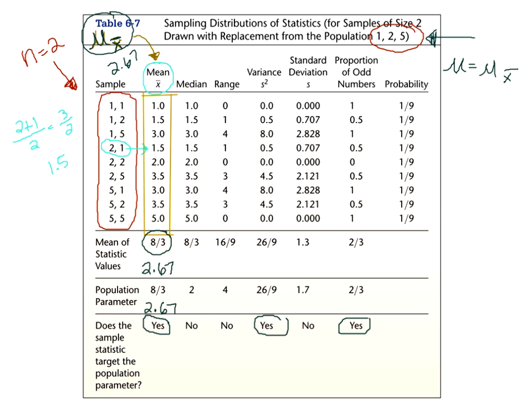And again, it happens with proportions. So it's an interesting thing that happens. We are able to see which sample statistics, so which measurements from your sample, are better at targeting the population parameter. That is exactly what I'm boxing up on here.